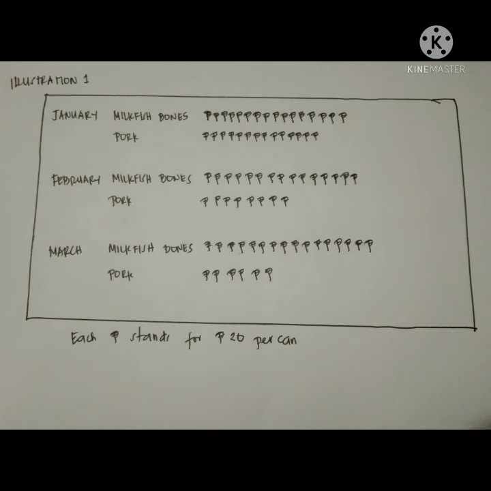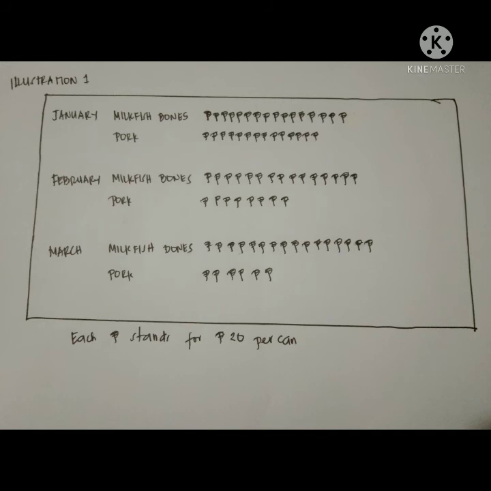In illustration 1 for pictograph, the symbol being used here is the peso sign. Each peso sign stands for 20 pesos per can. So for January, for milkfish bones we have 16 peso signs, and for pork we have 14 peso signs. For the month of February, for milkfish bones we have 15, for pork we have 8.